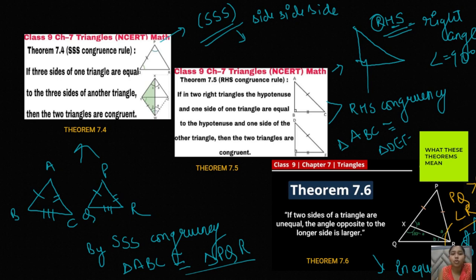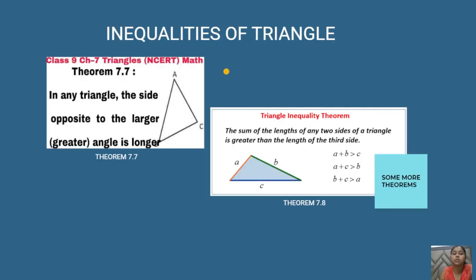We'll have a look at certain examples and questions, then you can easily understand what this theorem means. The inequalities of the triangle include two other theorems also, theorem 7.7 and theorem 7.8. Theorem 7.7 suggests a similar thing as theorem 7.6, basically the opposite.